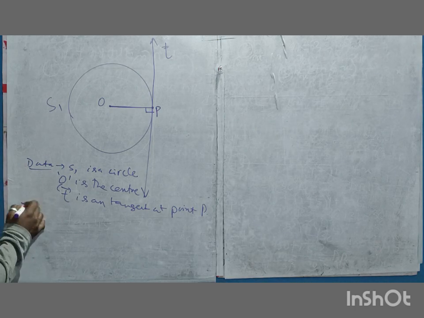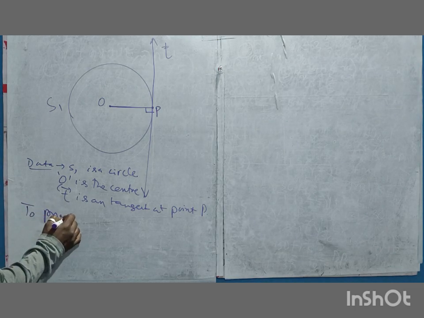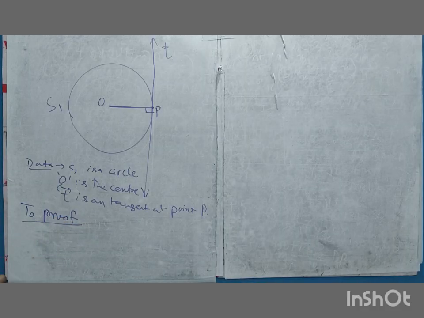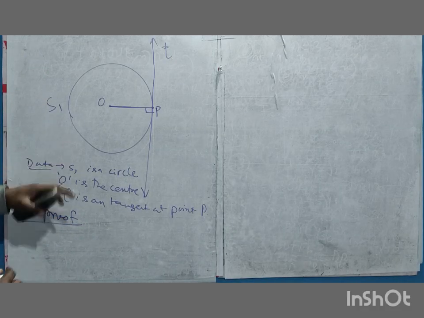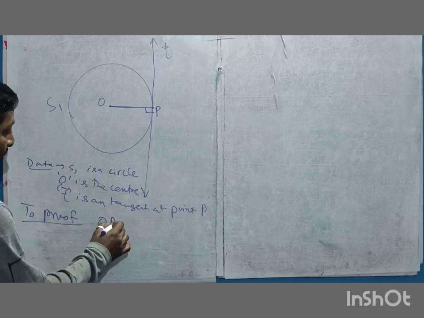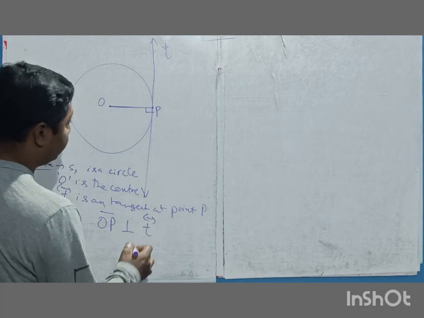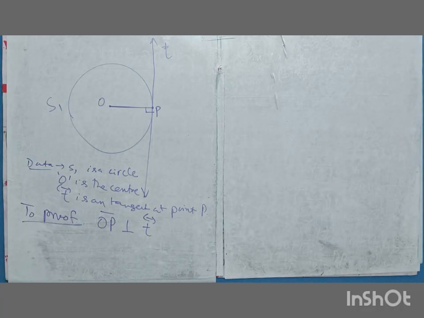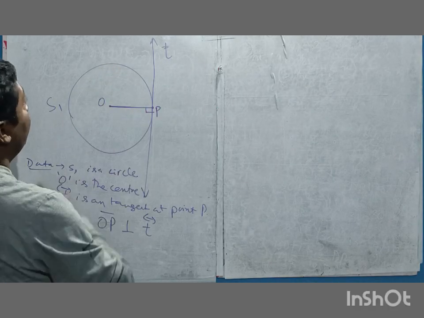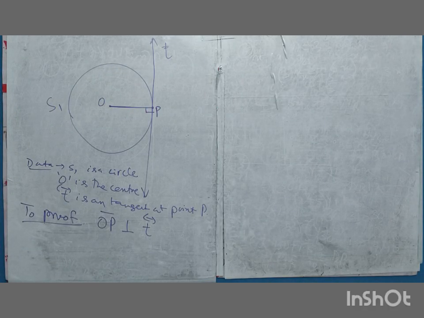What is to prove? You need to prove that OP is perpendicular to the tangent T, or T is perpendicular to OP. The same thing.